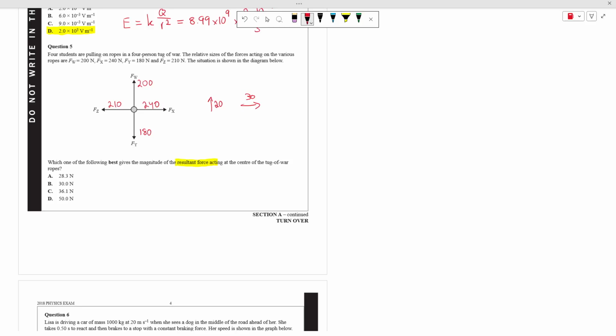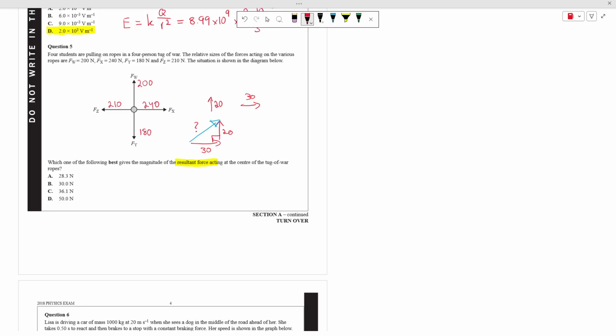Now we've got to combine these 2 forces like so. And so the resultant force would be this blue arrow here. Okay, and this is just a right angle triangle. This is 30, this is 20. Our job is to work out what the length of that arrow is, so we're going to use Pythagoras theorem here.